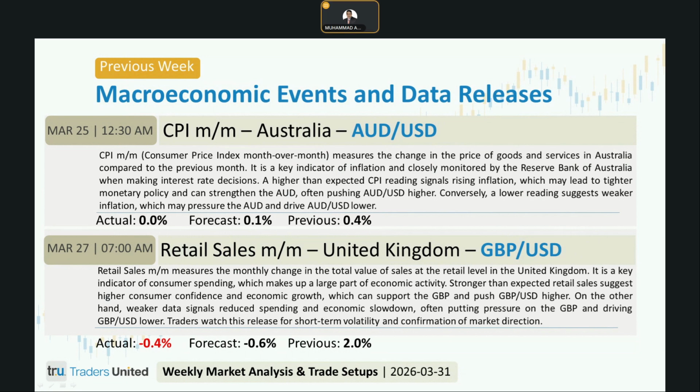The retail sales number we got on March 27th at 7 a.m. UTC time. The previous number was 2%, forecast was minus 0.6%. The actual number we got is minus 0.4%. And the currency pair we're going to focus on is the pound versus United States dollar currency pair.